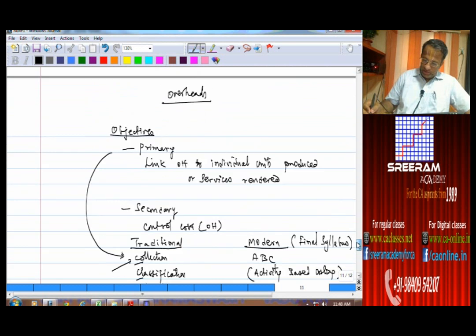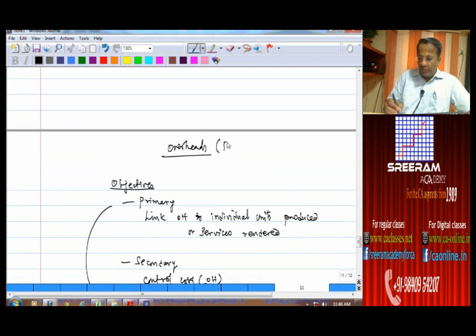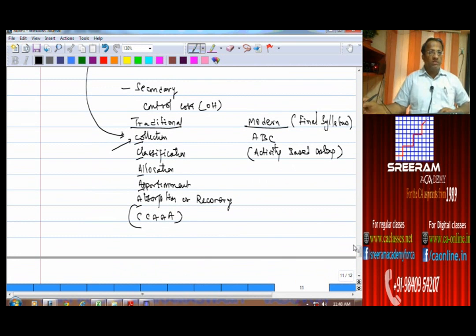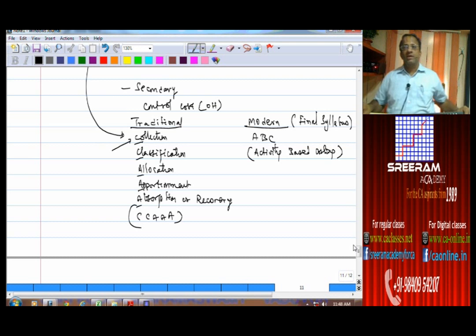This topic is primarily focused on factory overheads alone. We don't take up administration and selling and distribution in this topic. Having said this, there are some problems where we do take administration and selling and distribution. So predominantly we will be discussing factory overheads only.